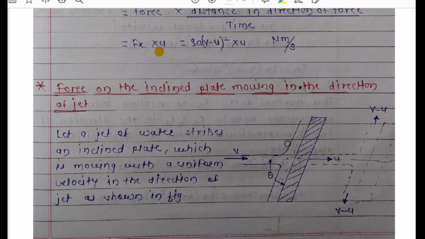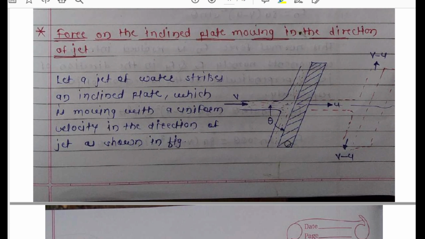Now secondly, force exerted on inclined plate. The previous plate is vertical, this plate is inclined one, and obviously the plate is moving also. Now consider this diagram. Here the same velocity v with which jet is moving, and u is nothing but the velocity of plate with which it is moving.